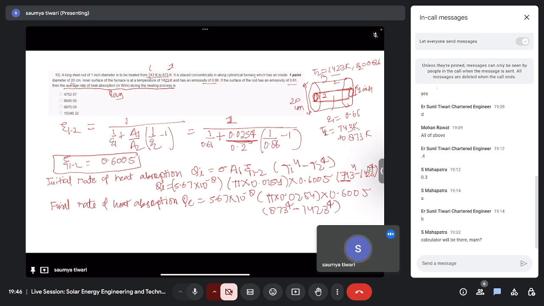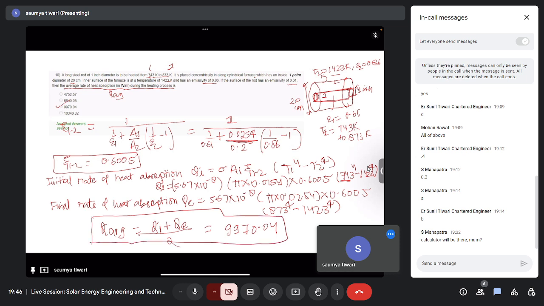You can solve this, and the Q average value will be initial plus final divided by 2. If we solve this, the value that we get is 9970.04. So option C. I hope this question is clear.